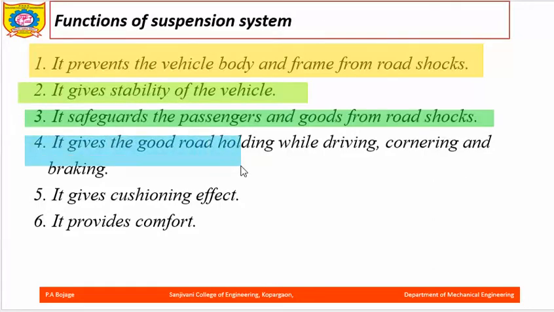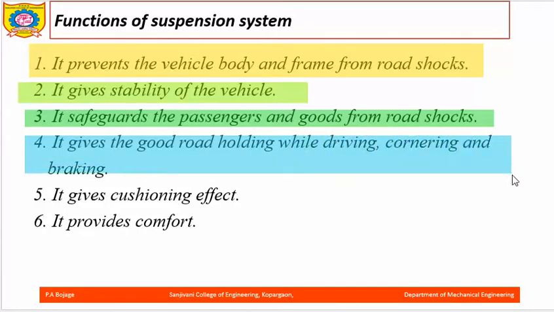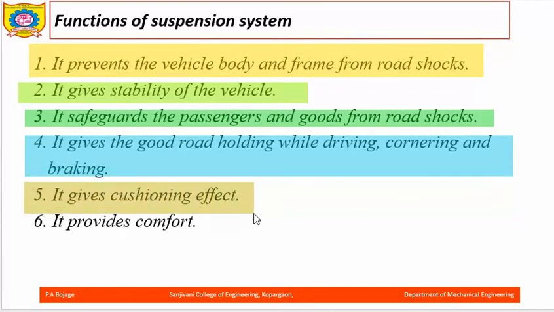It gives good road holding while driving, cornering and braking. So, it holds the road pretty well when you are driving, when you are cornering at a sharp turn, and in braking conditions. Next, it gives a cushioning effect and it provides comfort. So, these are the functions of the suspension system.